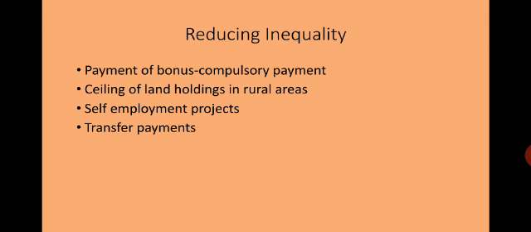The next one is transfer payments. Transfer payments are unilateral payments, meaning one-sided payments that are made. There are no services rendered by the recipient here, and they are given voluntarily, in the form of pension to the freedom fighters, pension to the government employees, concession to the senior citizens, pension to the widow, pension to the disabled.